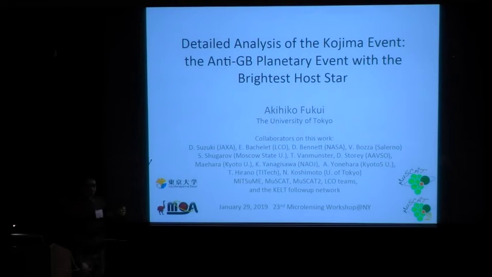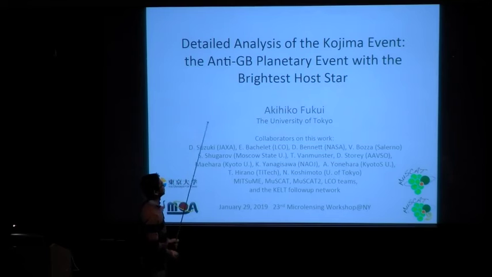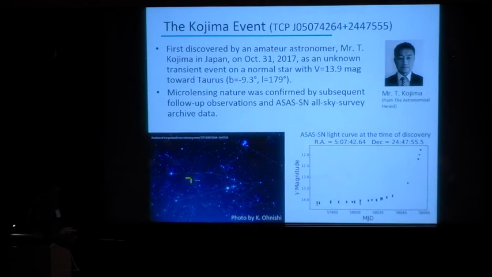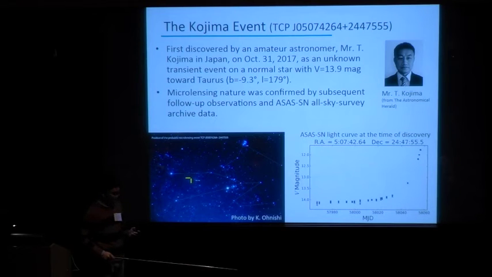Hello, my name is Akihiko Fukui from University of Tokyo. In the last conference, I showed a preliminary result of our follow-up observation of the Kojima event, and today I'd like to show the result of a more detailed analysis.